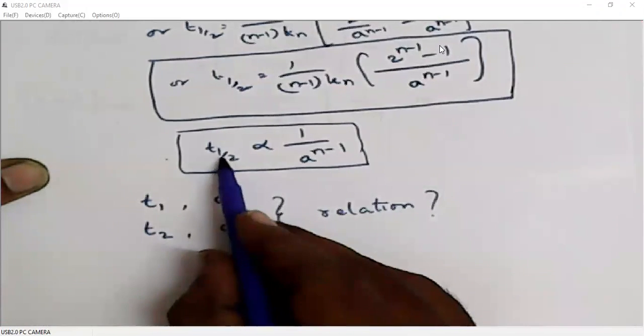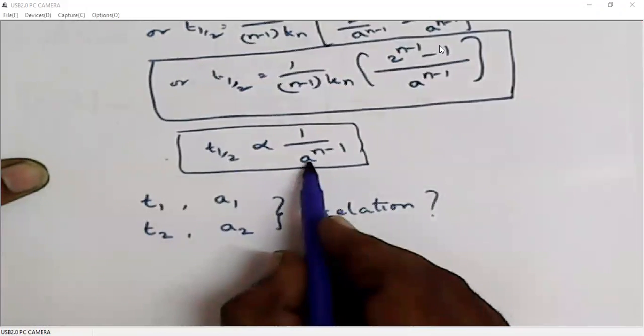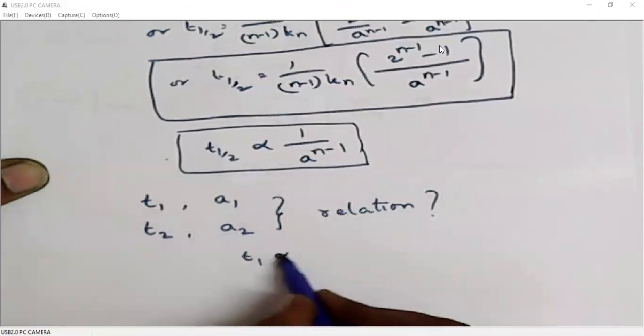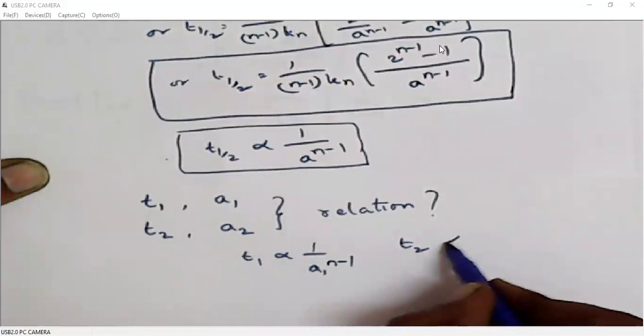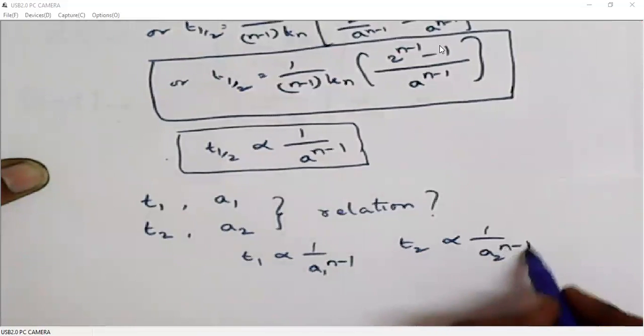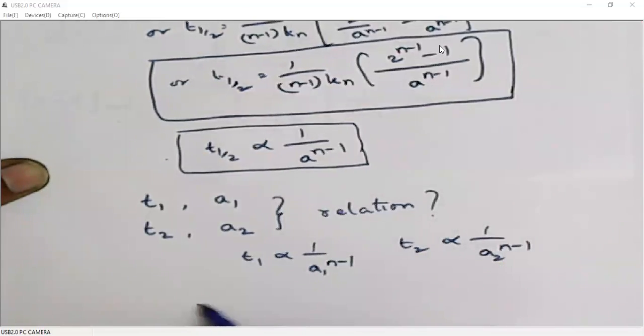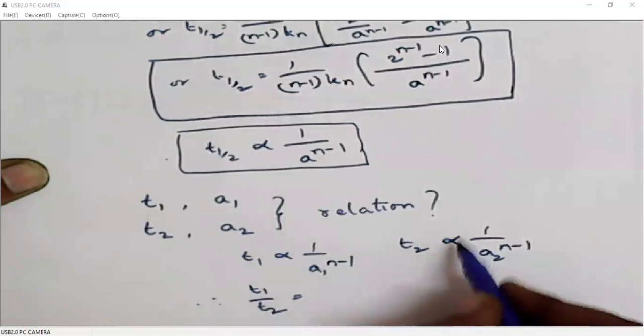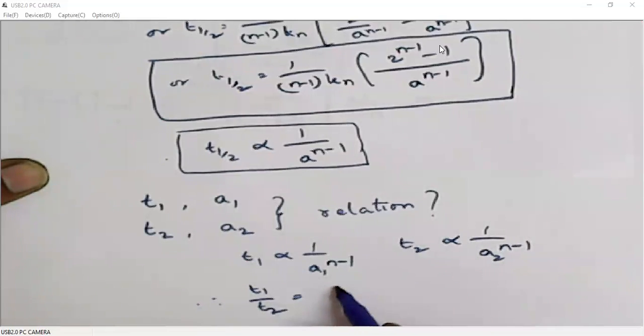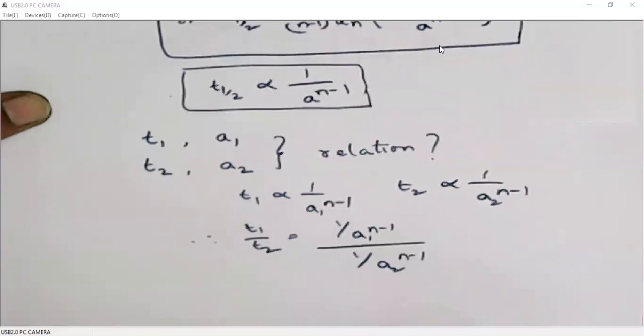Now we can derive from this that T half is inversely proportional to A power n minus 1. That means T1 is inversely proportional to A1 power n minus 1, and T2 is inversely proportional to A2 power n minus 1. Now we will take the ratio T1 by T2. When we remove proportionality, we use a constant, and because the constants get cancelled, we can directly use 1 by A1 power n minus 1 divided by 1 by A2 power n minus 1.